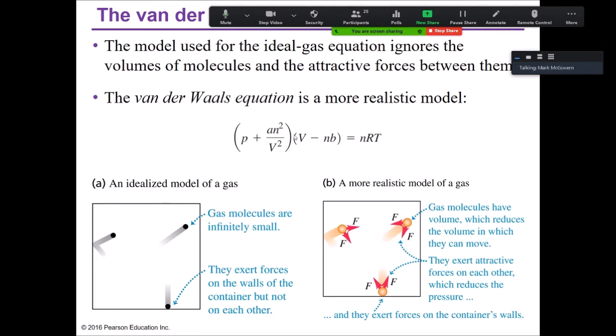Again, this is a number of moles, volume, and then a is a statistical factor here that modifies slightly the pressure because you have interactions between molecules now. And so that can effectively raise the pressure a little bit because of the attractive nature of those forces. But that's pretty much all I'm going to do with this. We have enough to worry about in the ideal gas law that we don't need to incorporate this stuff here.